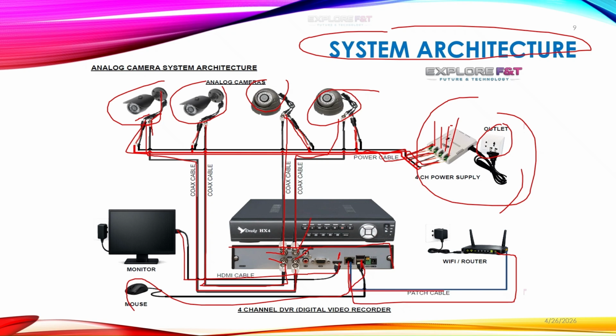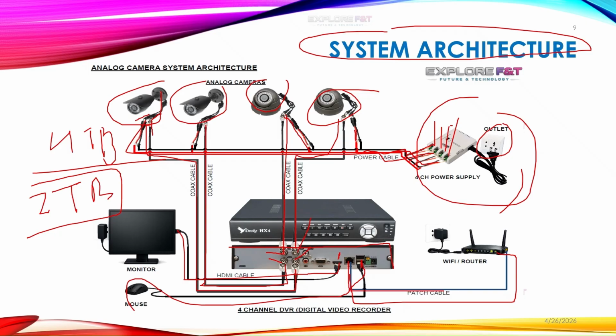So a 2 TB or 4 TB hard disk is required: 2 TB for H.265, and 4 TB for H.264 compression mode. If you are going with H.264, you need 4 TB. If you are going with H.265, you need 2 TB of storage for all these cameras.